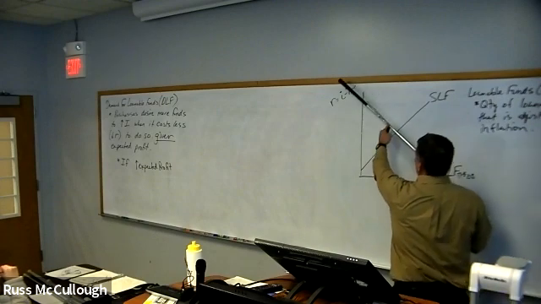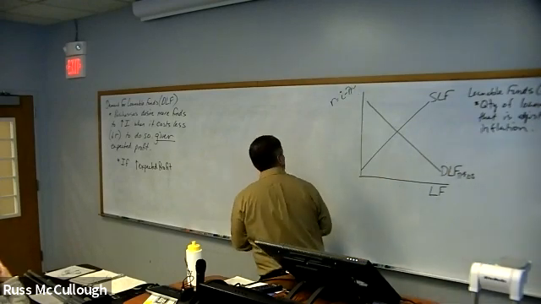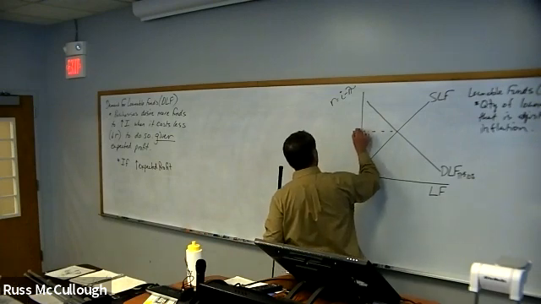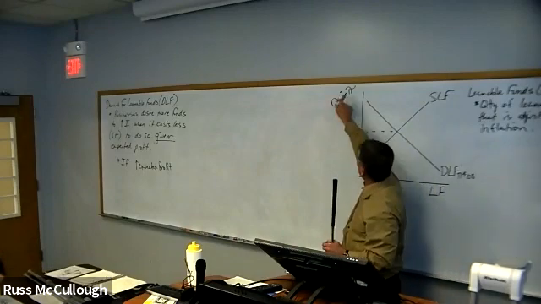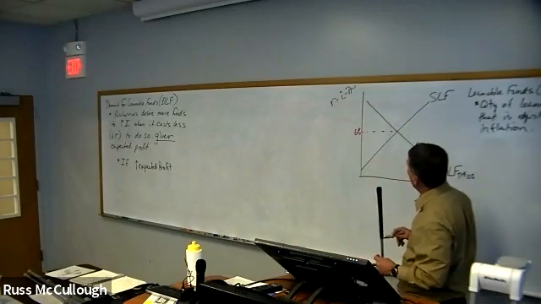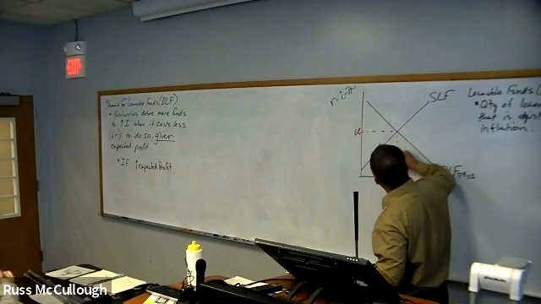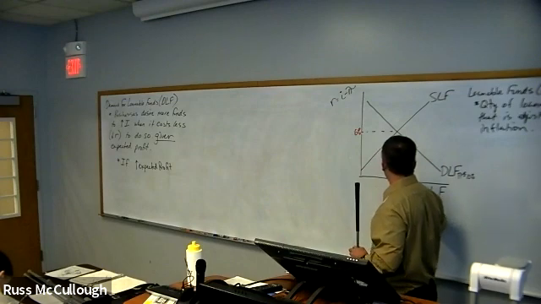Right? So we started here, where interest rates, let me put a little more meat on the bones here. Let's say interest rates were at 6%. That's the real rate of interest, bear in mind: the nominal rate minus the inflation rate. And people were borrowing LF1.